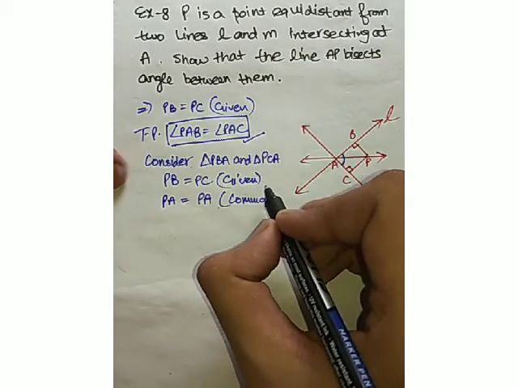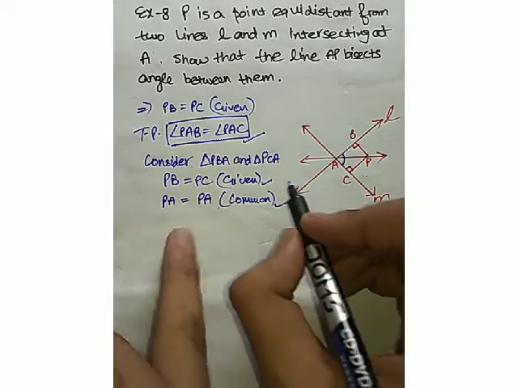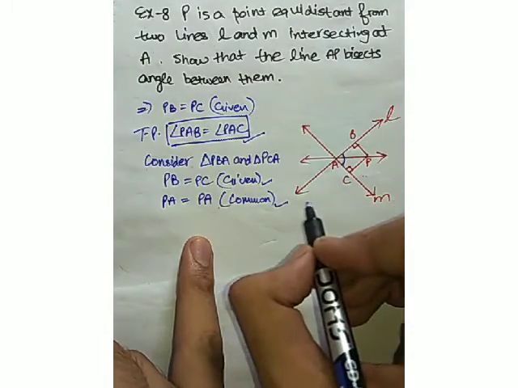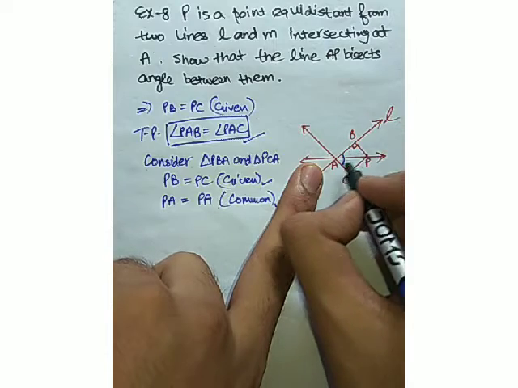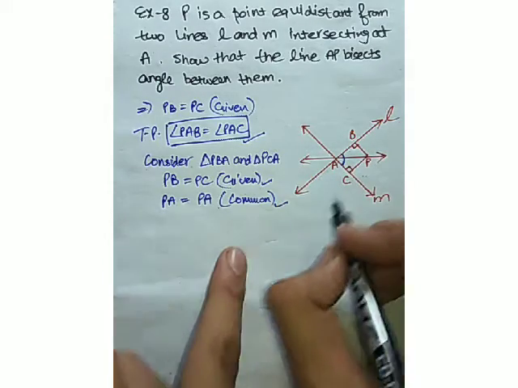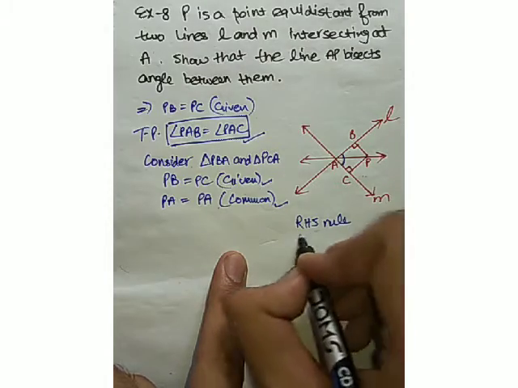Now you have proved that one side and one side are equal to each other, but there is nothing else that you can prove to be equal. Now notice one thing, that these two triangles are right angle triangles, so there is a possibility of the RHS rule, right?